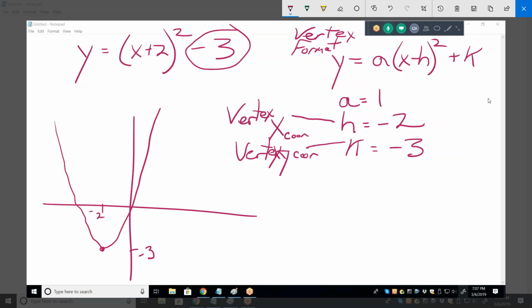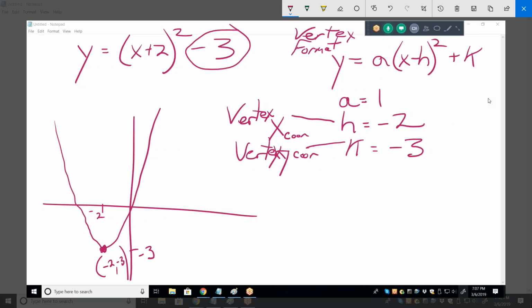In order to properly graph a parabola, you have to have 3 points. At the moment, we only have 1 point, this vertex, which is at negative 2, negative 3.